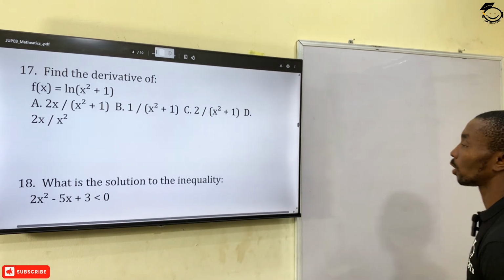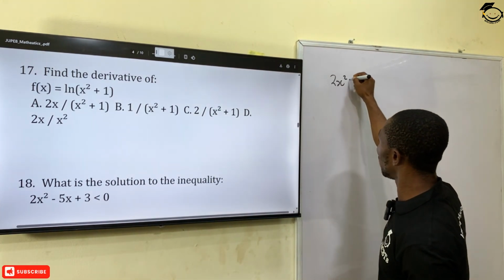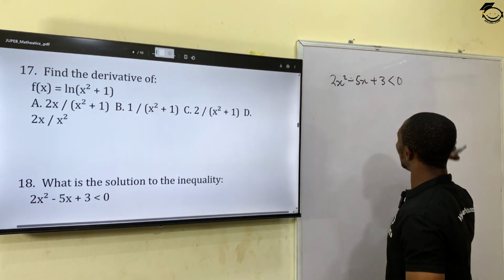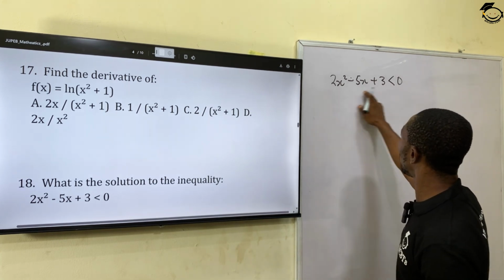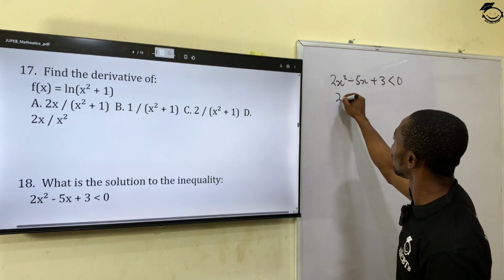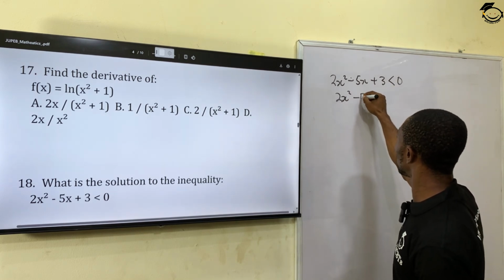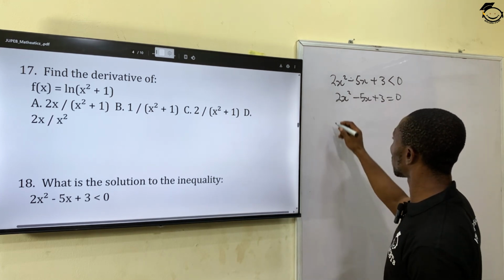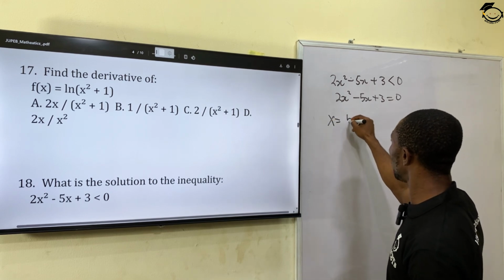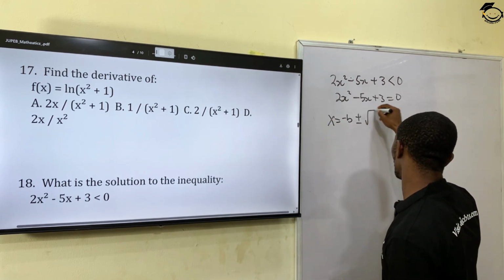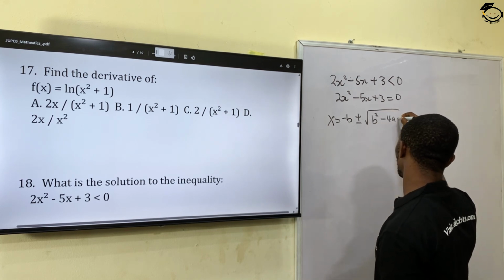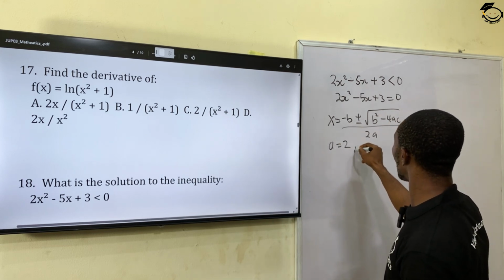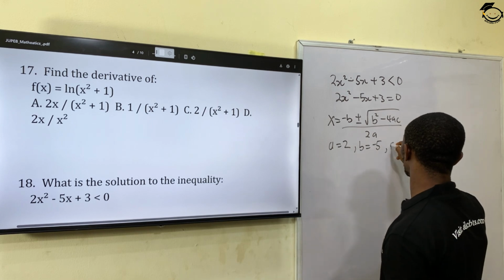What is the solution to the inequality? We have 2x squared minus 5x plus 3 less than 0. So now we'll solve this quadratically, turning this to 2x squared minus 5x plus 3 equals 0. Now using our quadratic formula, x equals minus b plus or minus root b squared minus 4ac all over 2a, where our a is 2, b is minus 5, and c is 3.